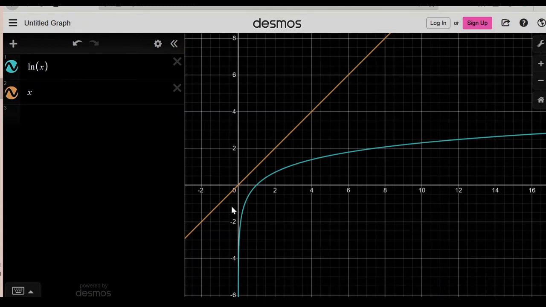Notice that the output of natural log is always smaller than x itself. This cyan graph is always underneath the orange graph. So the value of natural log of x is always smaller than the value of x.